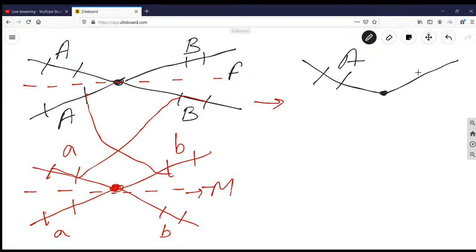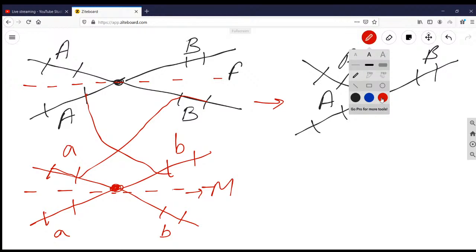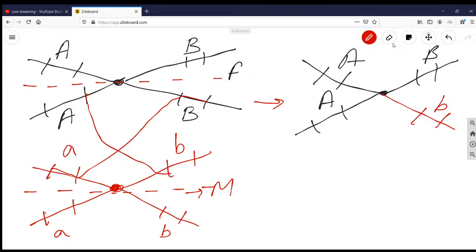Here capital A, capital B is fine. But this A has crossed over with small b. So here it will be capital A, but here it will be small b. Crossing over happened.